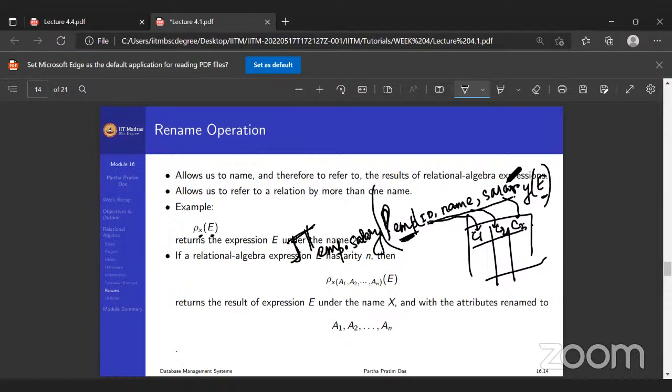You rename this E as these things. In the renaming, the table columns will be the same, only the names will be changed. Yeah, okay, I see.